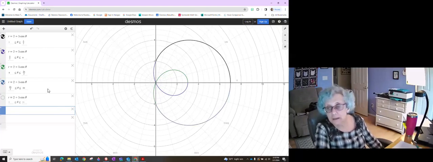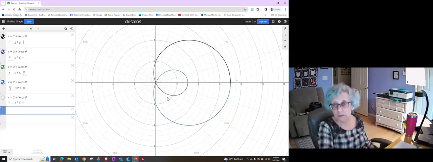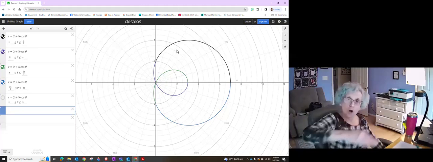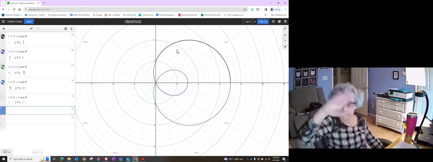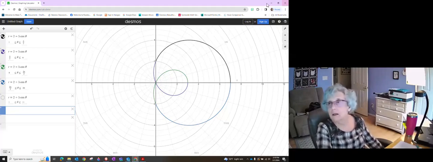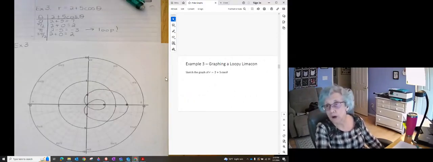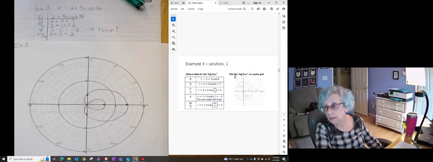And then finally, as theta goes from 3 pi halves to 2 pi, it makes the bottom piece of the loop. So they're drawn in a circle like that. I always think about that; that's how polar graphs work.